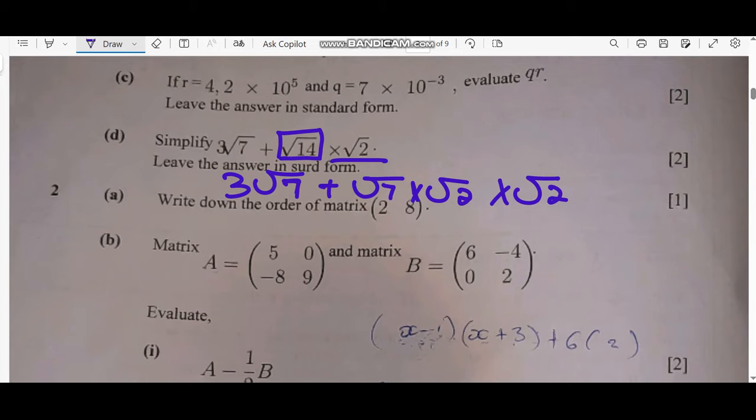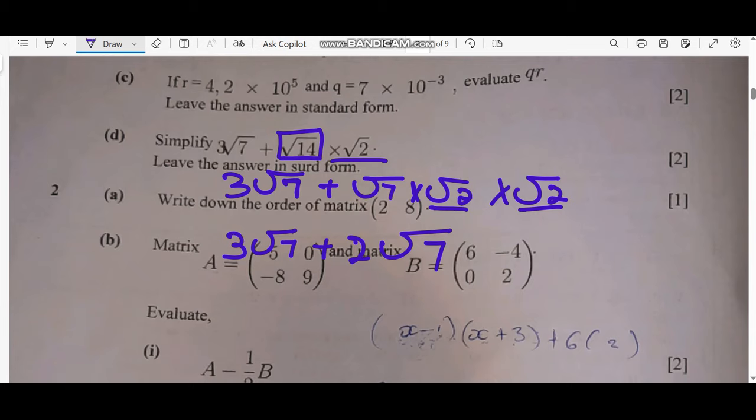Okay, so we are going to have 3 root 7 plus, root 2 times root 2 is going to give us 2, then root 7.